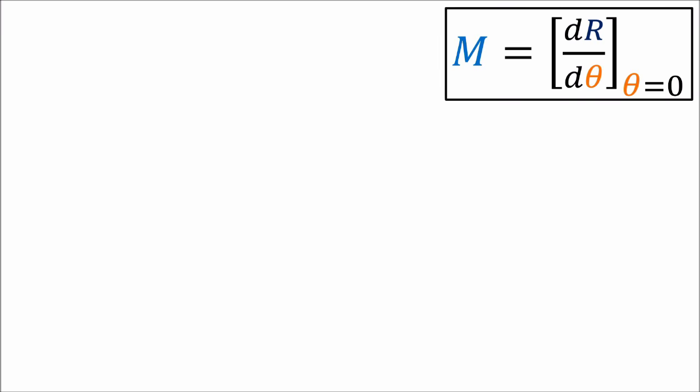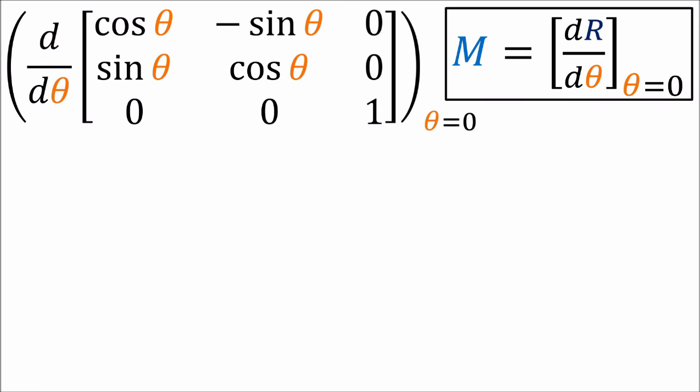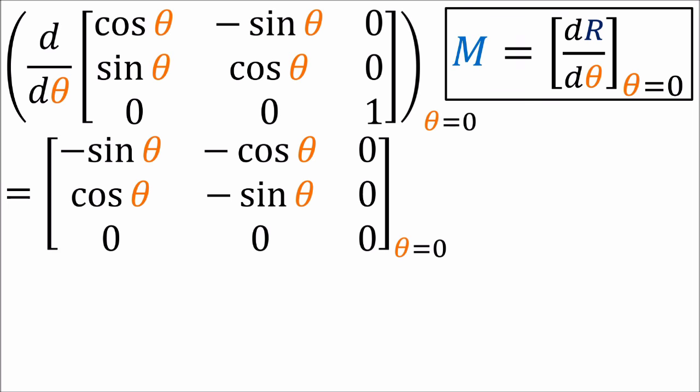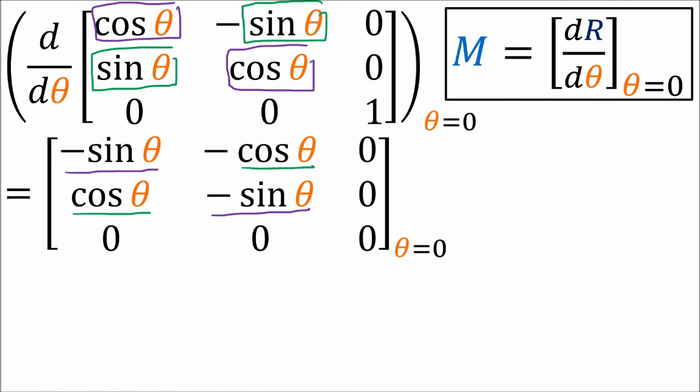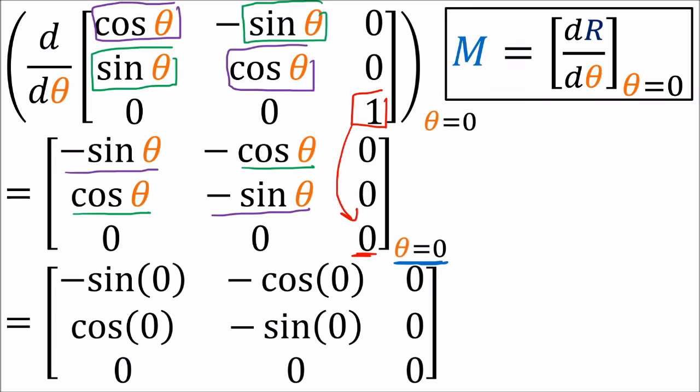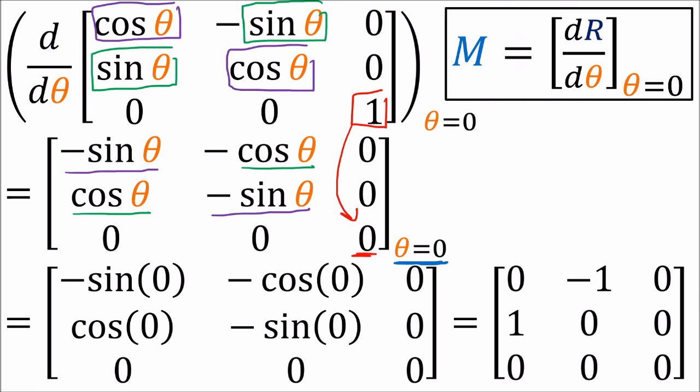Let's try this out on our xy rotation matrix. Taking the derivative with respect to theta, sines become cosines, and cosines become negative sines. And in the lower right corner, the derivative of the constant 1 is 0. Then we set theta to 0. Sine of 0 gives 0, and cosine of 0 gives 1. So we end up with the generator matrix I showed earlier in the video, as expected.